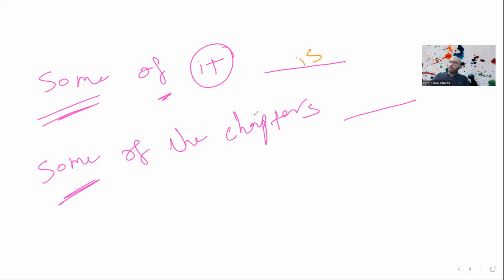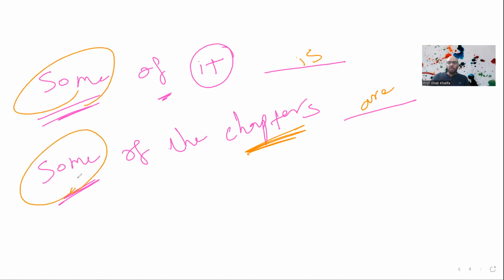The object of the preposition here is the word chapters. Then the answer is are. Some of the chapters are. So some is the subject, but we cannot decide from the word some only whether it takes singular or plural. We need the object of the preposition in this case.